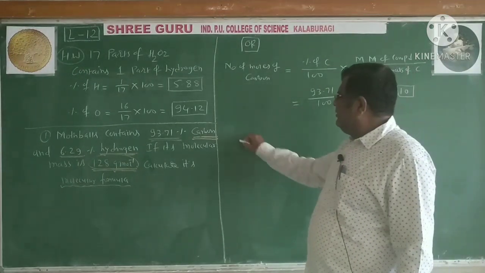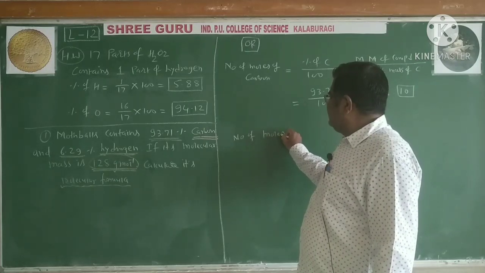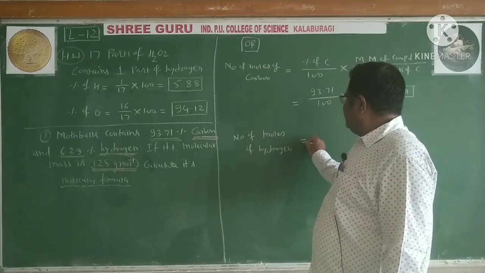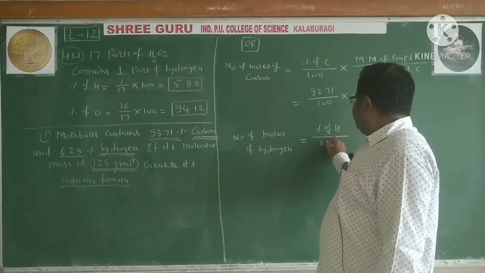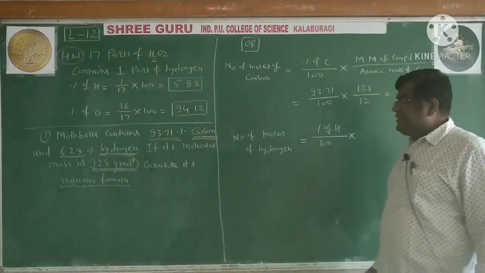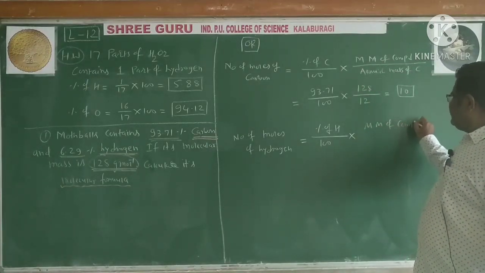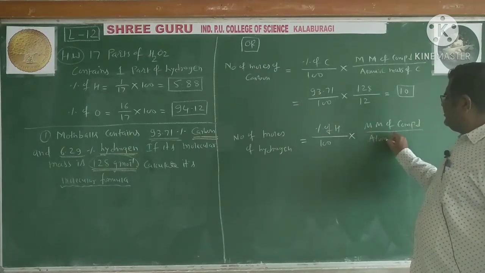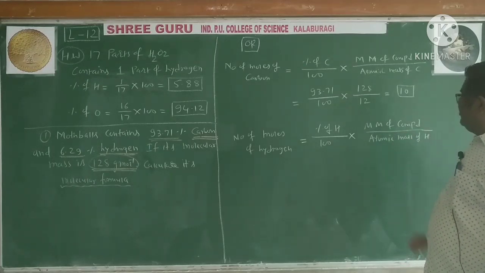Similarly, number of atoms of hydrogen is percentage of hydrogen divided by 100, times molecular mass of compound, divided by atomic mass of hydrogen.